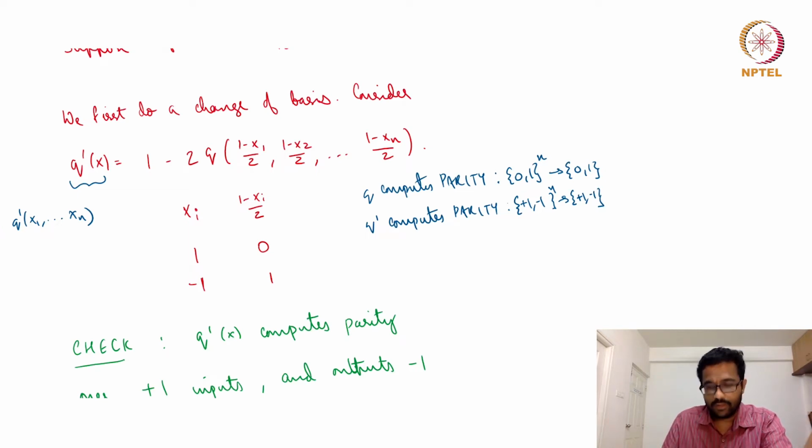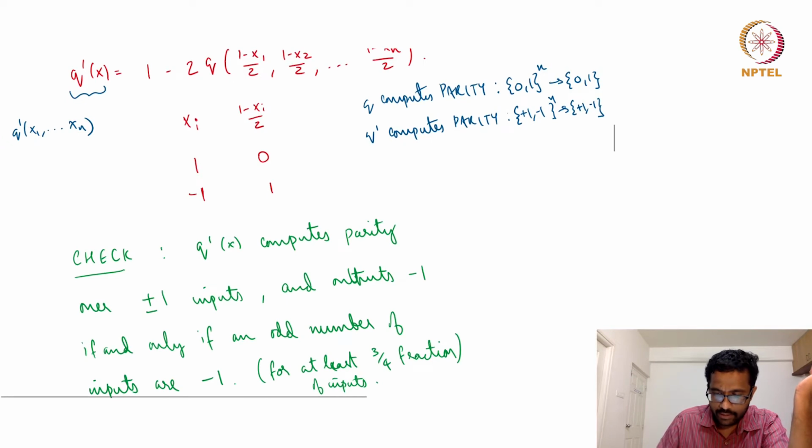Okay, and Q computes the parity over the Boolean inputs, right? It checks whether an odd number of ones are there or an even number of ones are there. So if there is an odd number of ones, it outputs 1. If it outputs 1, then we get 1 minus 2 on the right hand side, which is minus 1. If it outputs 0, we get 1, right?